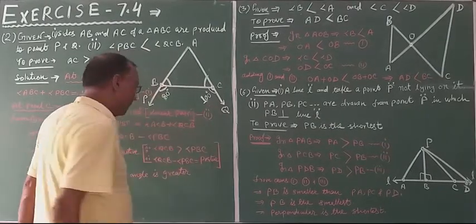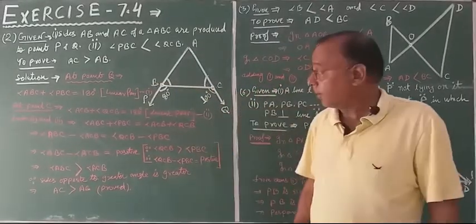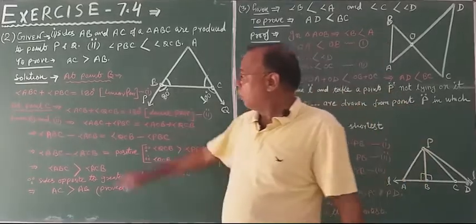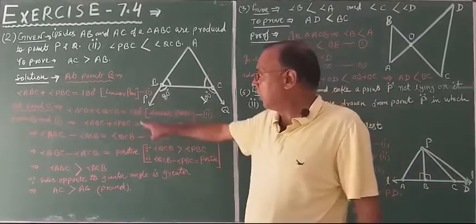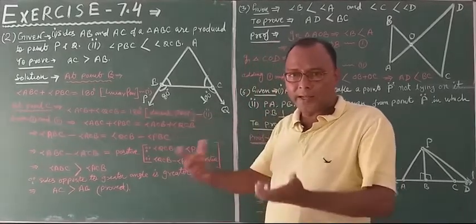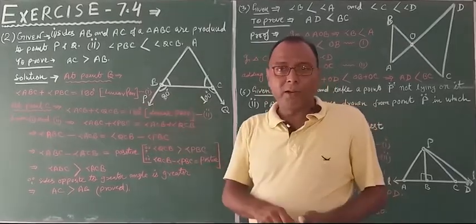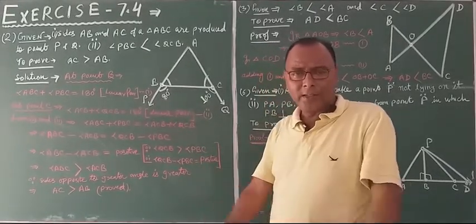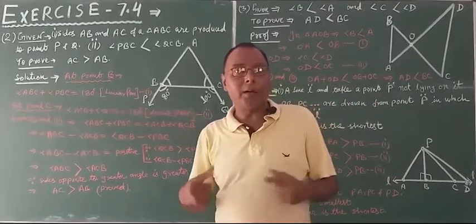Okay. Now from equations 1 and 2, just look. What is the right hand side of equation 1? 180 degrees. And what is the right hand side of equation 2? 180 degrees. If the right hand sides are equal, then the left hand sides will be equal according to Euclid's axiom: things which are equal to the same thing are equal to one another.